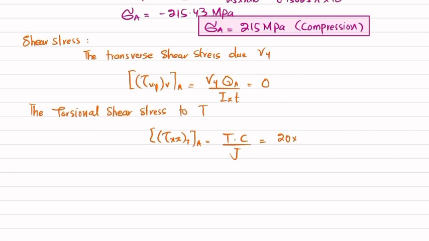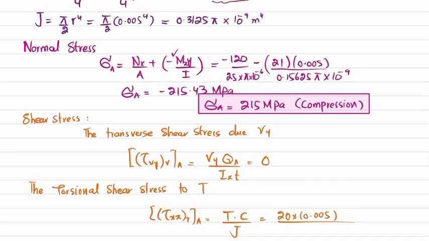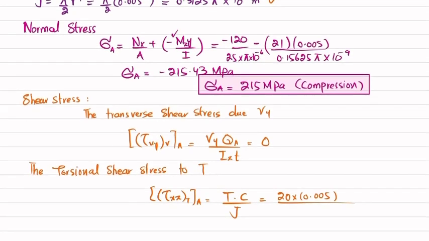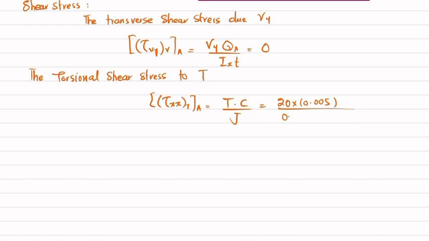So 20 multiplied by c is 0.005, which was radius, and J, which we have calculated, is this one, 0.3125, 0.3125 pi into 10 to the power minus 9. So when you calculate it, you will get 101.86 megapascal.